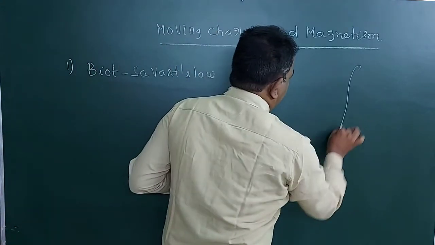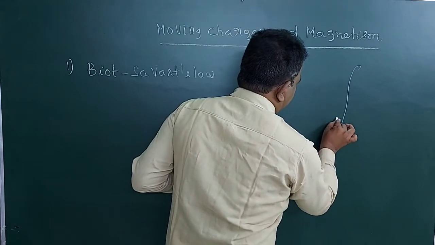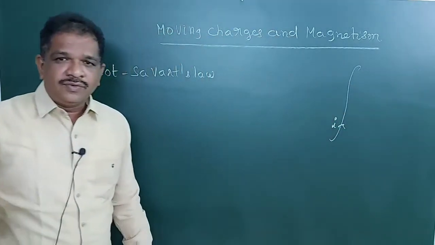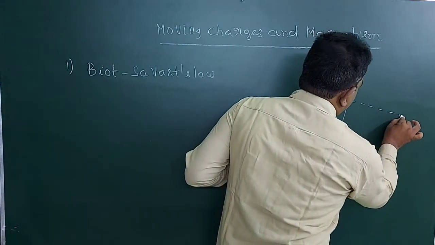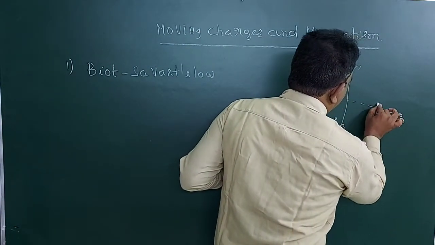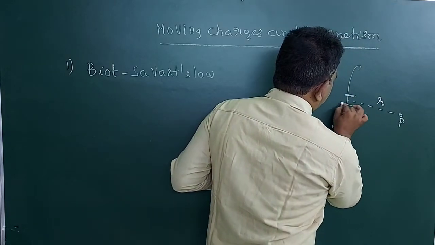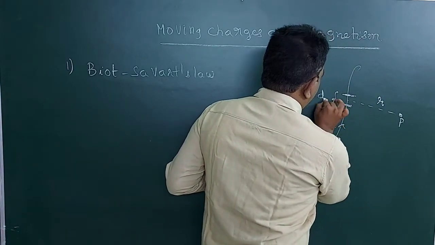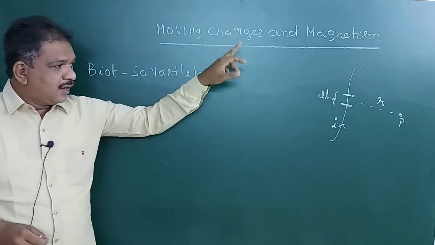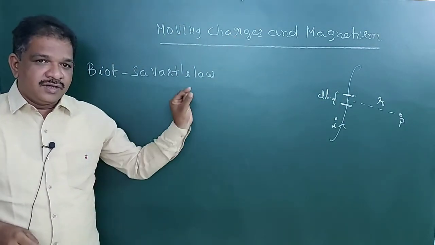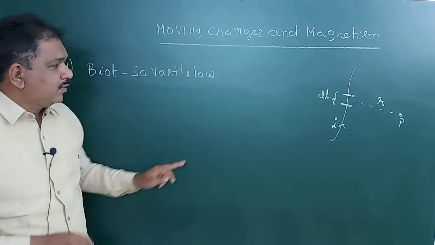Here one long conductor is there. Current I is flowing through the conductor. At a perpendicular distance of R, some point is there. In this conductor, we considered a small current element dl, not the entire conductor, just a small portion.